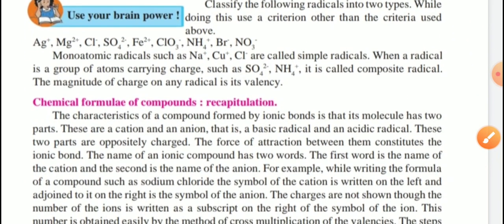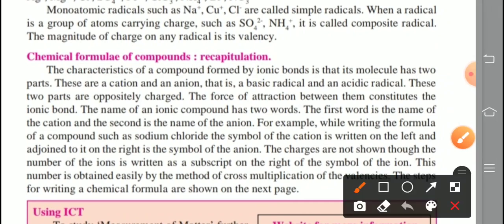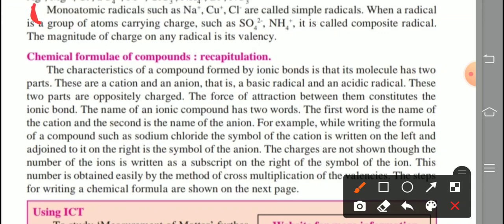Next. Next question, define simple radical. So mark the definition here. Mark the answer. Start from here. Monoatomic radicals are called simple radicals. Over. Example, monoatomic.